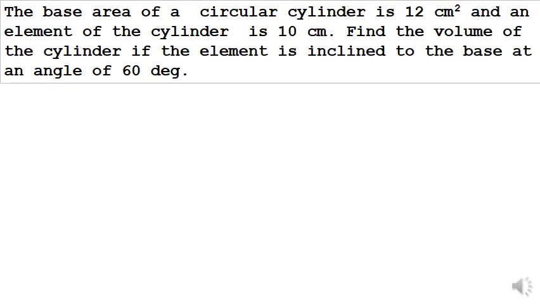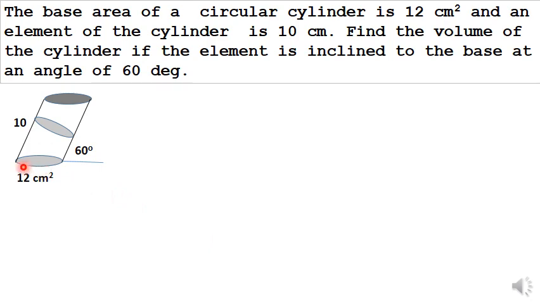Okay, let us try this problem. The base of a circular cylinder is 12 centimeters squared and an element of the cylinder is 10 centimeters. Find the volume of the cylinder if the element is inclined to the base at an angle of 60 degrees. Here is our diagram.